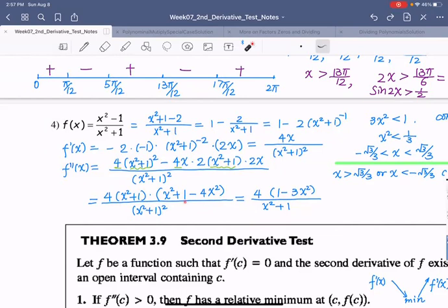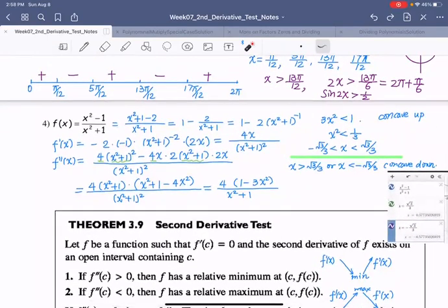This becomes the 1 minus 3x squared. You want to check your concavity, so you want to make this bigger than 0 or less than 0, okay? And then you find out when x is bigger than square root 3 over 3 or less than negative square root 3 over 3, it's concaving down. When it is between, it is concaving up.